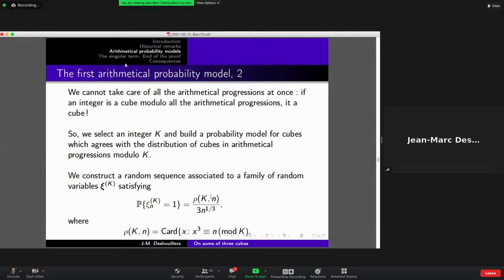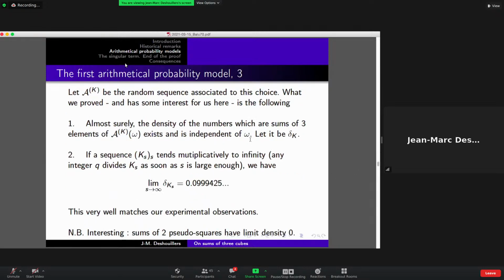Rho_k(n) is the number of representations of n as a cube mod k. So if n is not representable as a cube, then n will not occur in our sequence. And if n is a cube in 3 different ways, for example, then we'll put a weight 3. So it has a nice consequence.